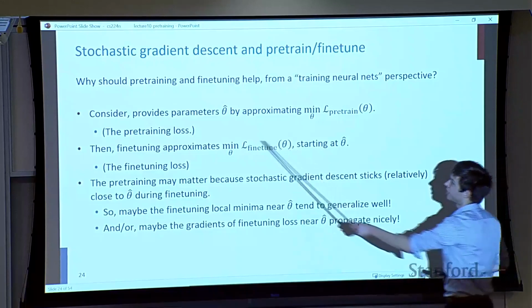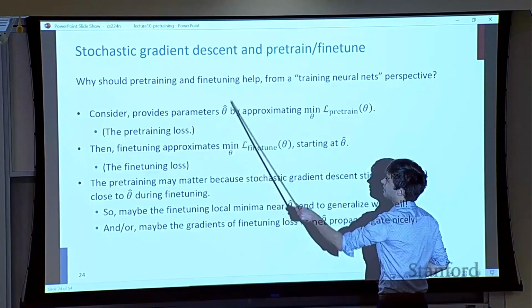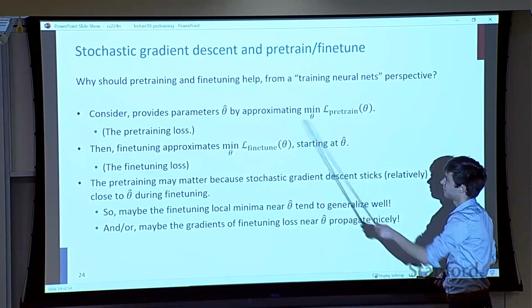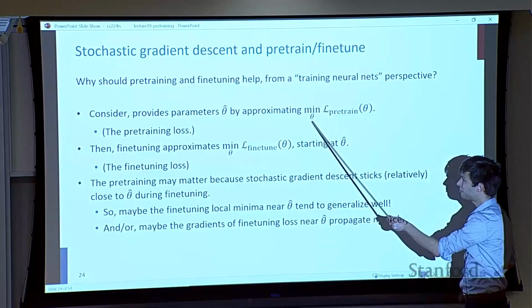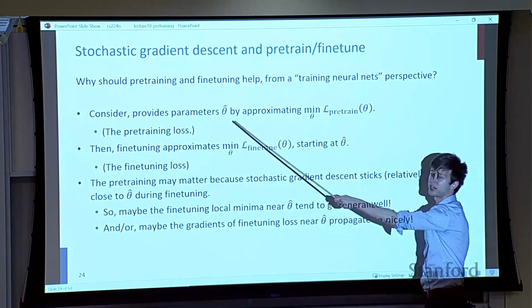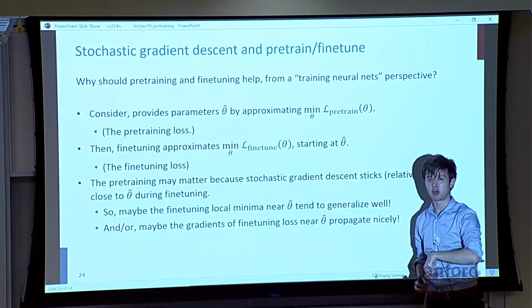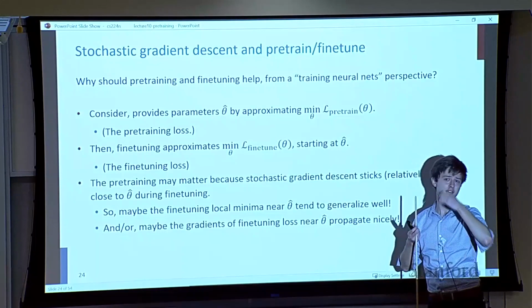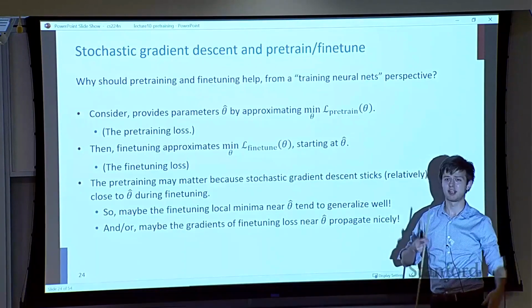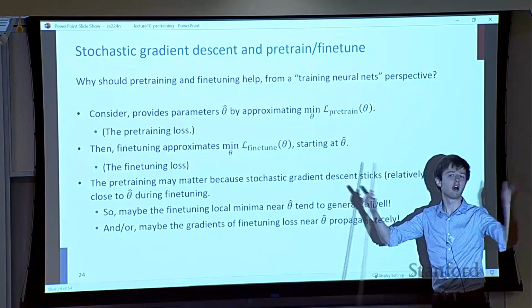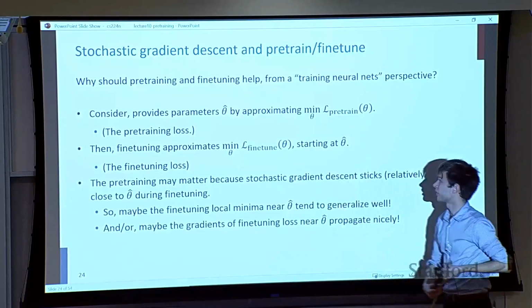The first step is, we get some parameters theta hat by approximating min over theta, the parameters of the neural network, so all of the KQV vectors in our transformer, the word embeddings, the position embeddings, all of the parameters of our neural network.